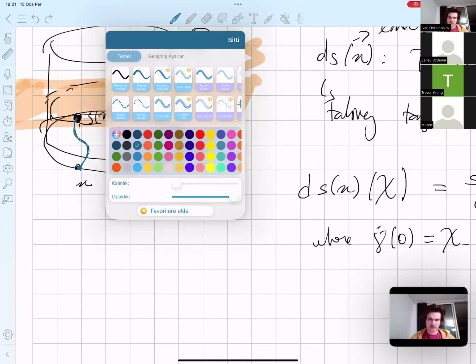So this is a good place to stop and ask the audience a question. Why is it that if I go to a different fiber, I cannot write down an expression like this? So question for the audience. What's wrong with this expression if I move from one fiber to another of my vector bundle?